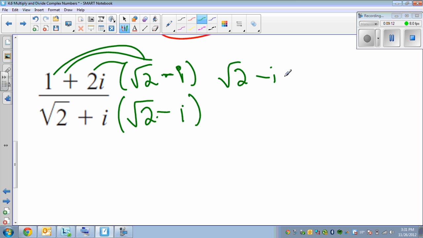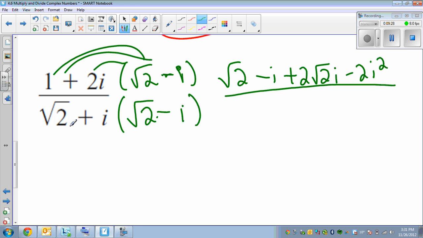2 square root of 2i. And a negative 2i squared. On the bottom, these just go away.